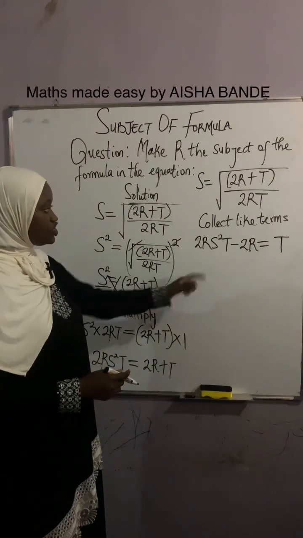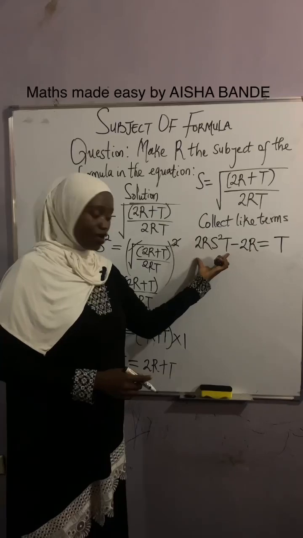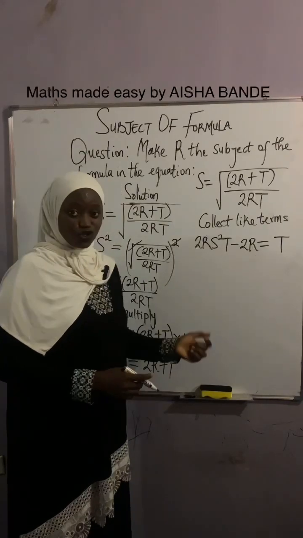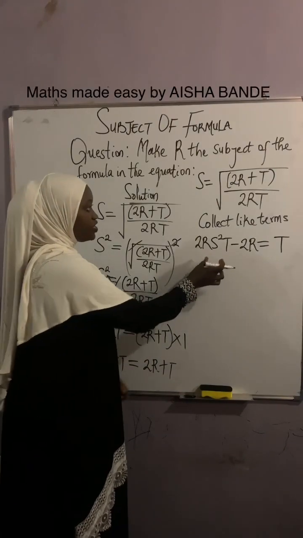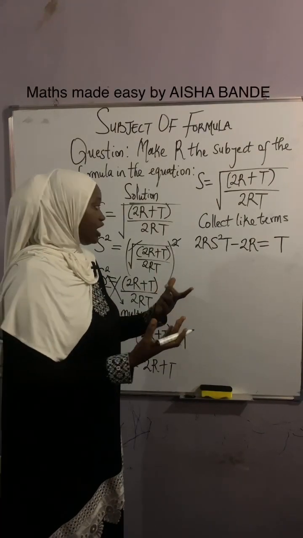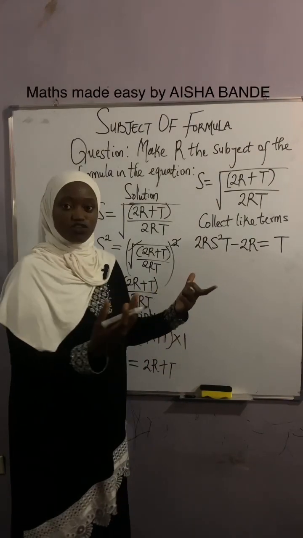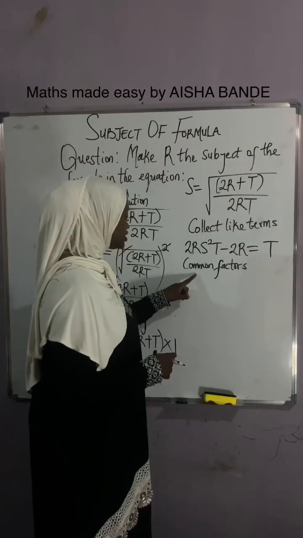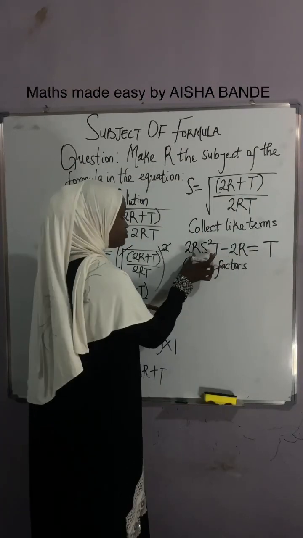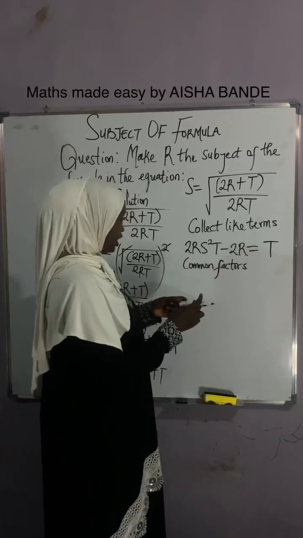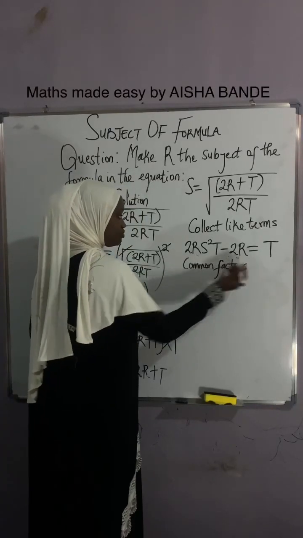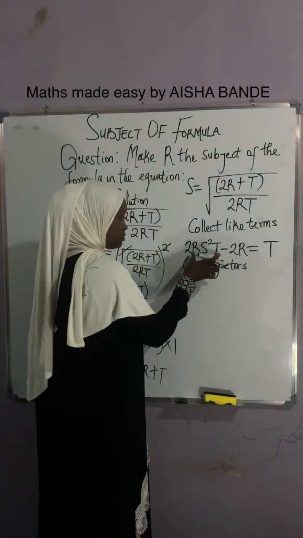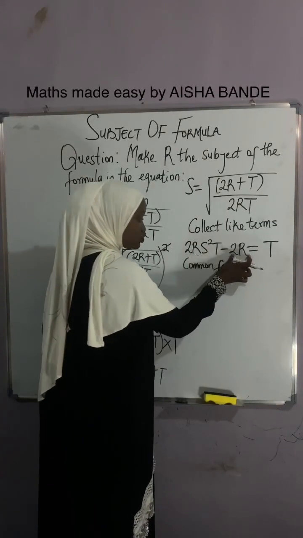So from this point, we can see that this term has the R, this other term has the R. So they're together now, it's easier to simplify. From this point, there's what we call taking common factors. So here means taking what is common between this side and this side. What is common here with this term and this term is 2R, because this term has 2R and this other term also has 2R.